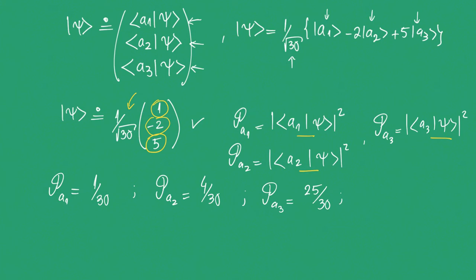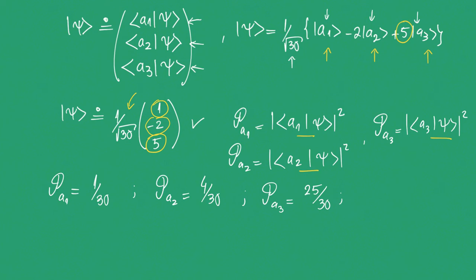As said before, the higher the coefficient that comes with the ket, the greater the probability of finding that ket. As you can see through this example, the highest coefficient among A1, A2, and A3 is the coefficient that comes together with the ket A3.